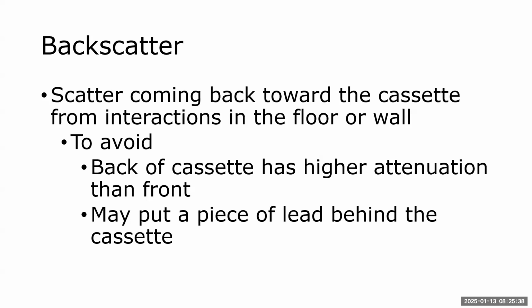You're using pretty big amounts of radiation on a lot of those patients, so you get that scatter from the wall that would come back and try to expose the cassette. So we would put lead there. That's why the cassettes used to be made with the back of it being higher attenuating than the front.